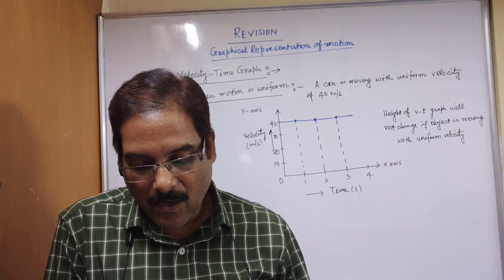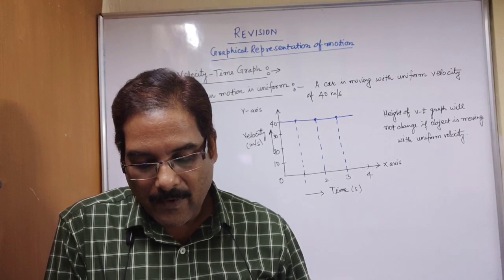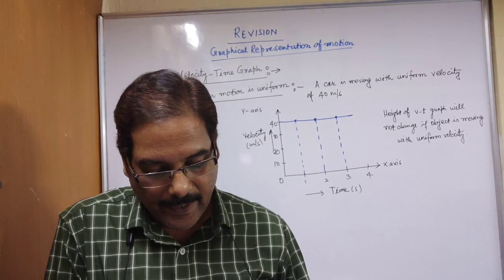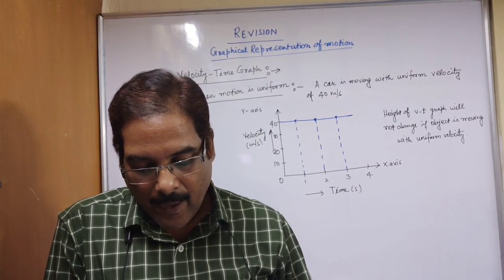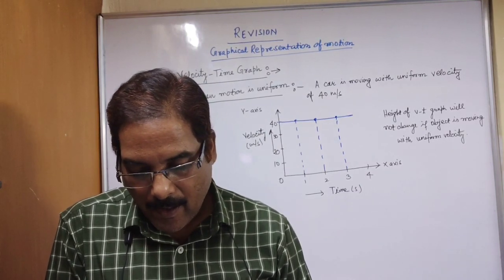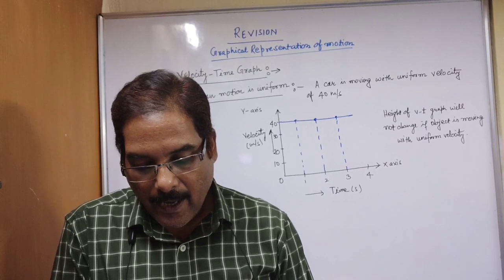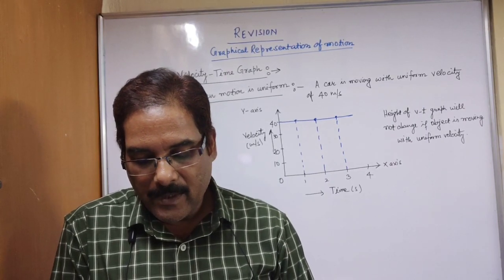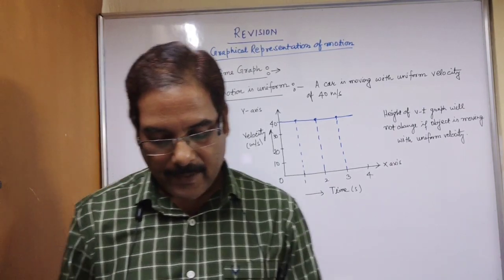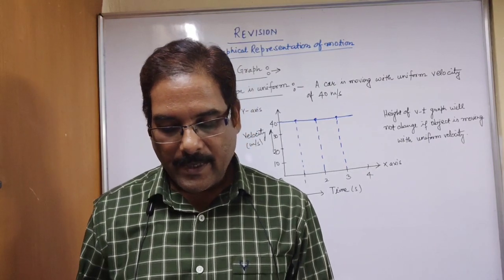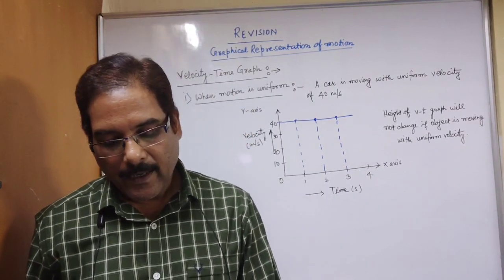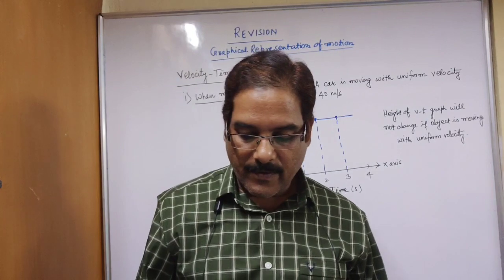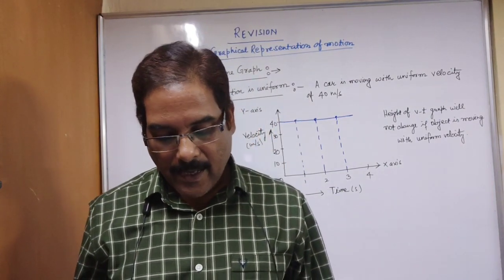The velocity of 40 km per hour is represented by the height AC or BD, and time t2 minus t1 is represented by the length AB.